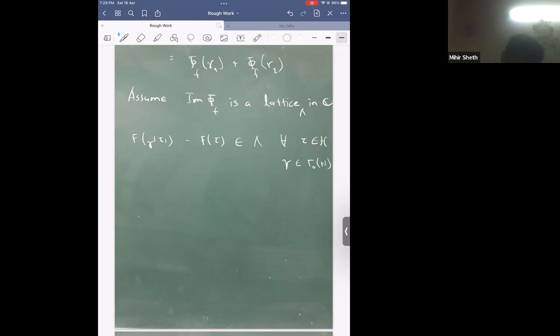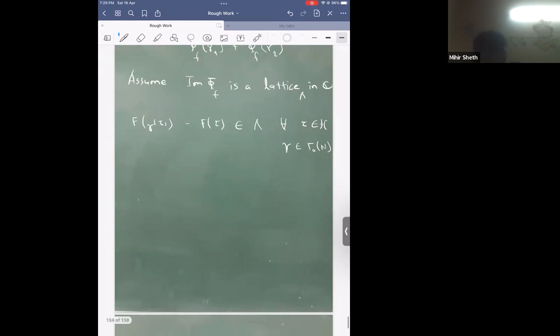So we know that the image is a subgroup of C, but if it is a lattice, then this f is actually a function from H mod gamma 0 of N to C mod lambda.